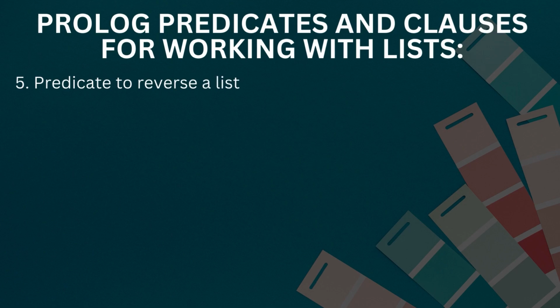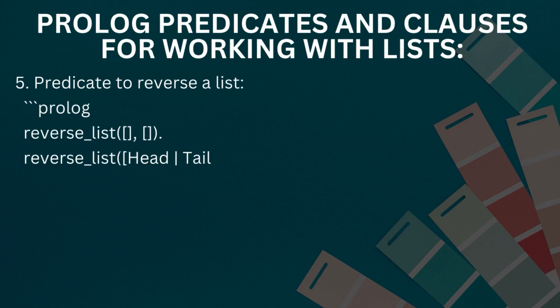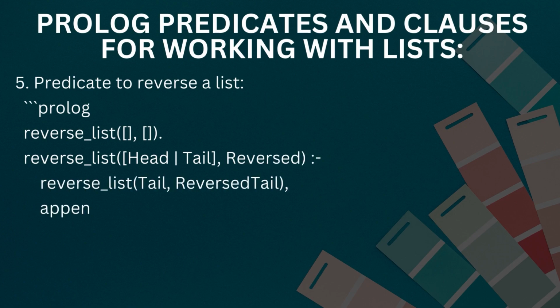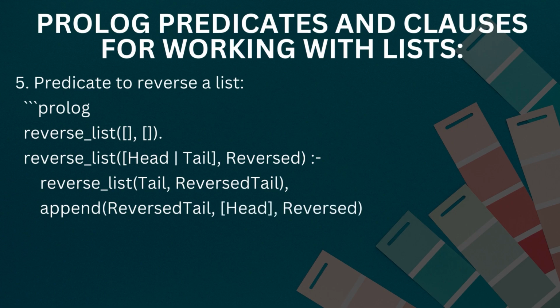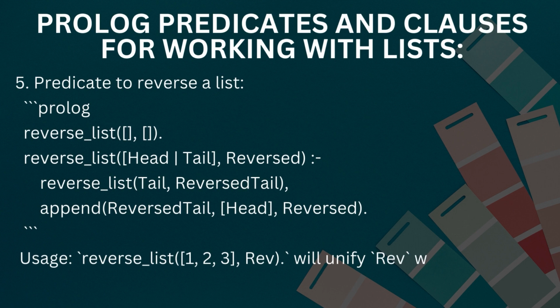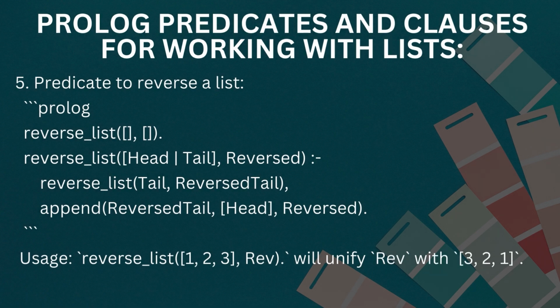Now, the next program: a predicate to reverse a list in Prolog. Reverse list means the reverse order of your list. So, reverse_list([], []). Then reverse_list([Head|Tail], Reversed) :- reverse_list(Tail, RevTail), append(RevTail, [Head], Reversed).